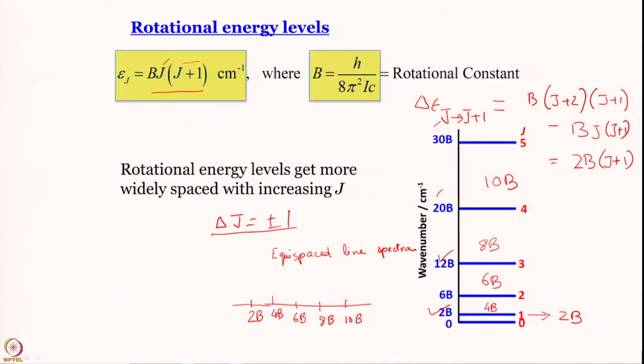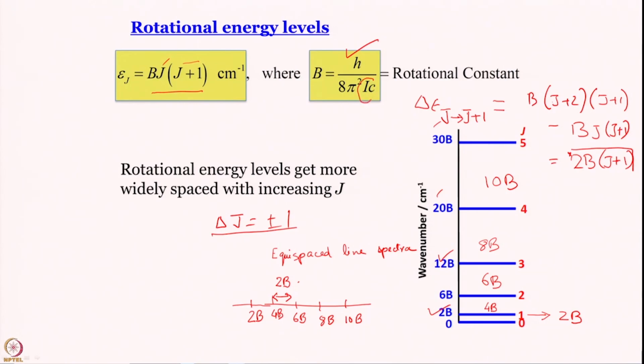How is that useful? It is useful because, no, sorry, the difference in energy is not 2B into J plus 1, the difference in energy of lines is essentially 2B. So, once you record a spectrum, from the spacing you can work out B, and if you work out B then you can work out this, this is B. So, h is known, pi is known, c is known.